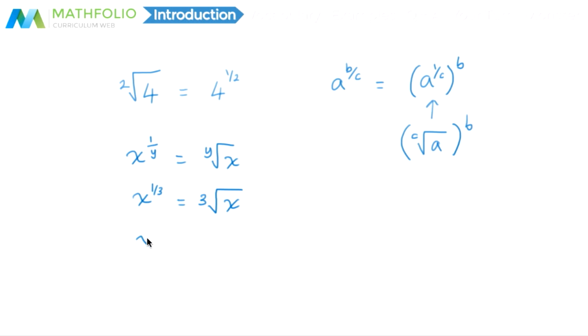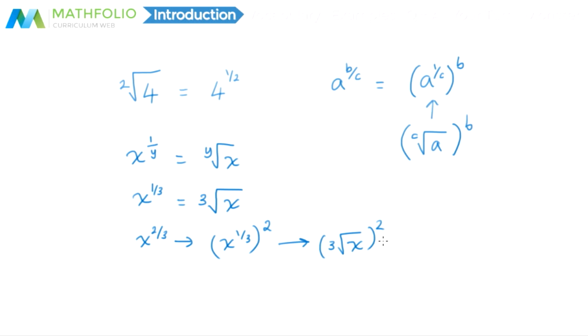Now, if this was x to the 2/3, then again we could go from this to knowing that this is x to the 1/3 all to the second power. And x to the 1/3 is the cube root of x, and then we could square the whole thing.